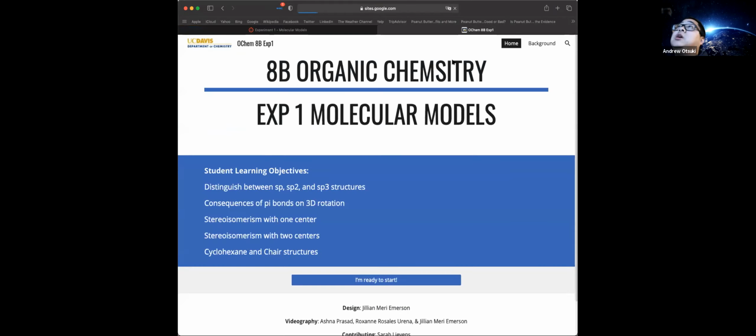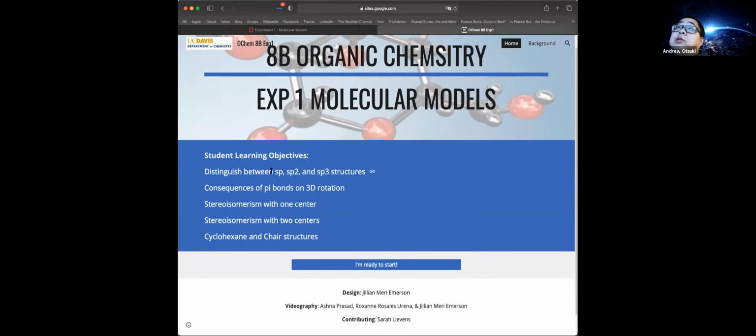You click on the experiment and it'll tell you the objectives you're expected to know, which I went over briefly. Then you just click start. Make sure you go through every bit of the activity and click receive credit at the end. Then submit the Google form so that it lets me know that you did the online activity and you're good to go.